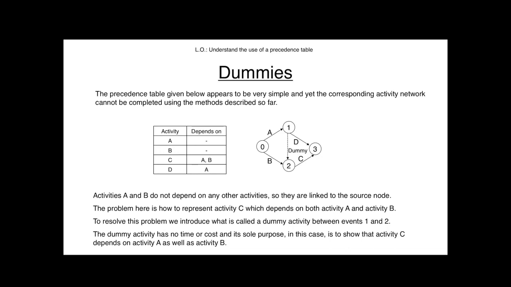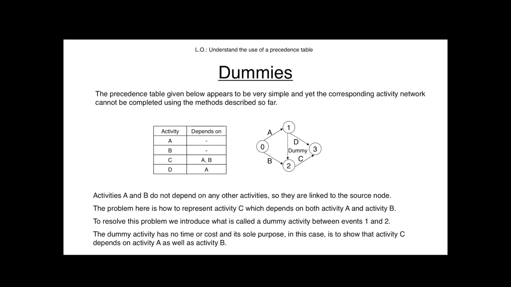Okay, so I cannot have from 0 to 2 activity B, and I cannot have from 0 to 2 activity A. That just is not allowed. It's not how the diagram works. So what we do is create something called a dummy activity. It's a false activity. It's a fake activity that doesn't cost any time. It doesn't cost any money.